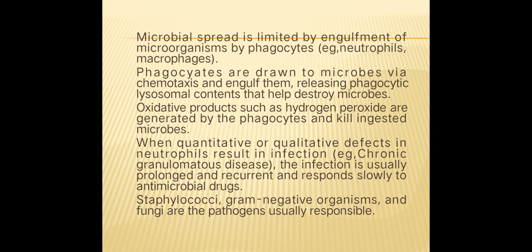Microbial spread is limited by the engulfment of microorganisms through phagocytosis, that is, through the neutrophils and macrophages. Phagocytes are drawn to microbes via chemotaxis and engulf them, releasing lysosomal contents that destroy the microbes. Oxidative products such as hydrogen peroxide are also generated by the phagocytes and kill ingested microbes.